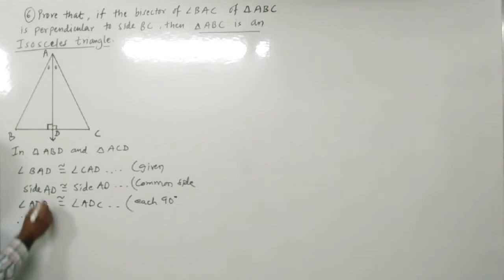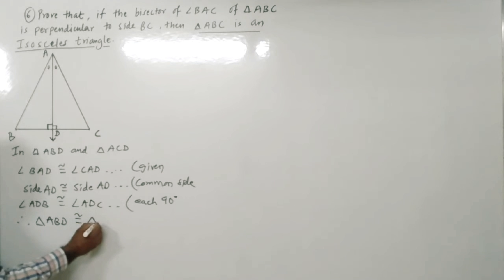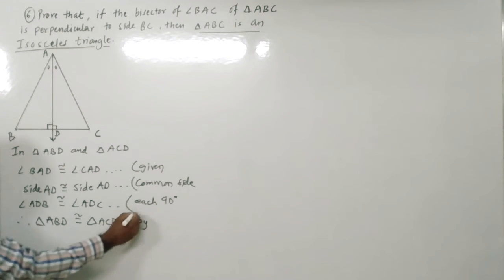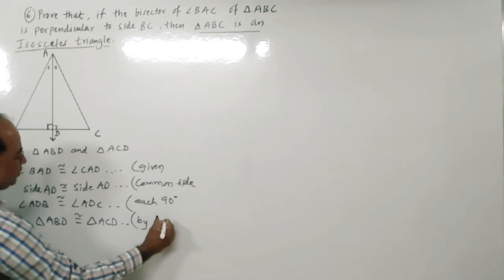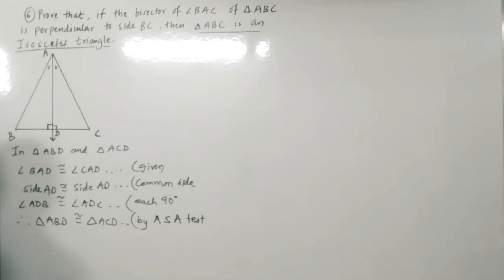Therefore triangle ABD is congruent to triangle ACD by the angle side angle test, the included side test of congruence. They are congruent.